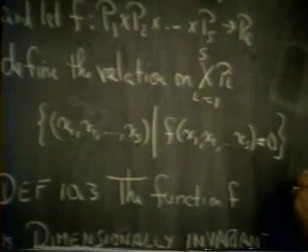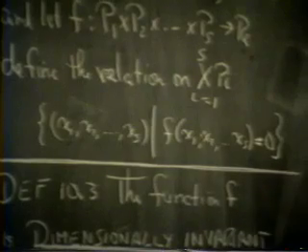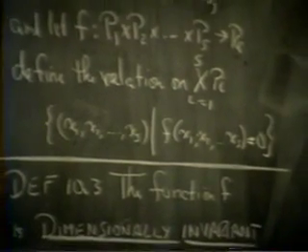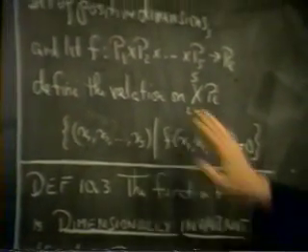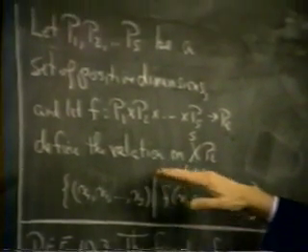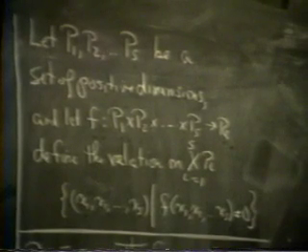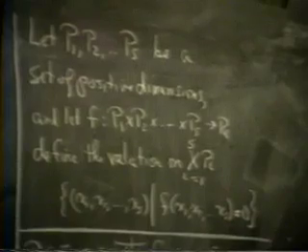Now, physicists have postulated that the functions, or equivalently the relations, that can appear are those that satisfy a particular constraint known as dimensional invariance.